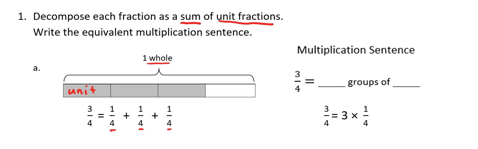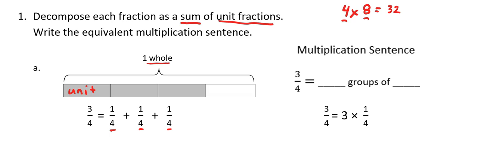Now we need to write the equivalent multiplication sentence. Just as a reminder, when we write a multiplication sentence, the first factor is telling us how many groups we have. For example, if I had the problem 4 times 8, this would mean that I have 4 groups and that there are 8 in each group for a total of 32.